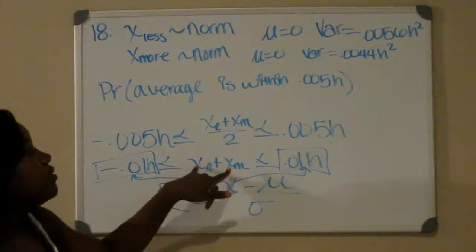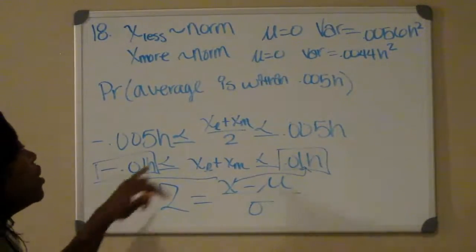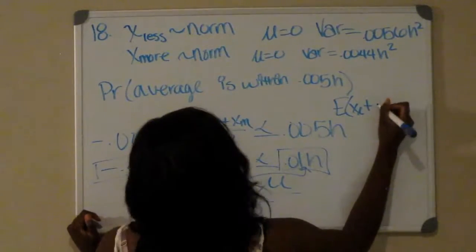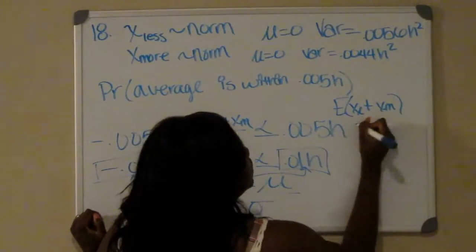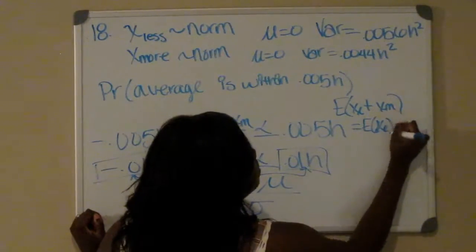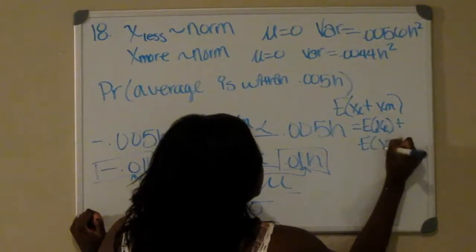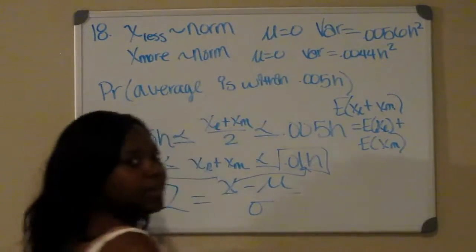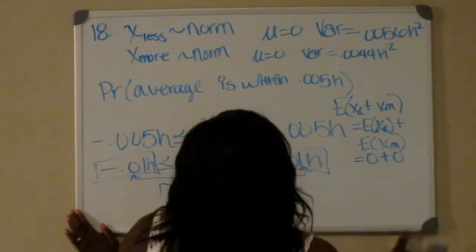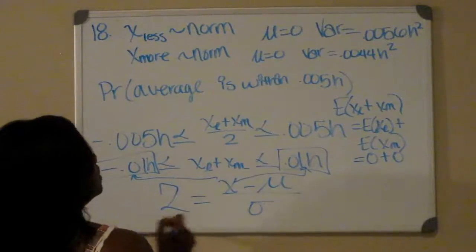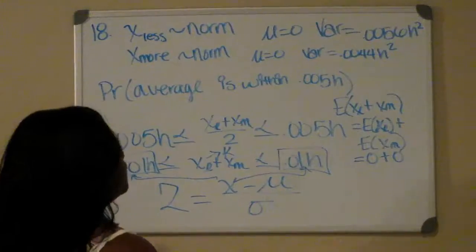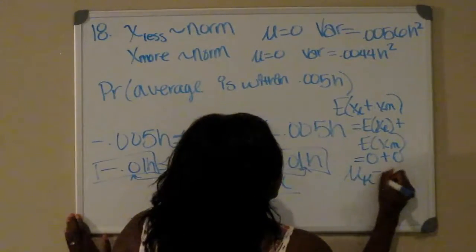But in this case, we have two things in the middle. So we need to find what is E of XL plus XM, which is simply equal to E of XL plus E of XM. Well, that was easy. Ding. All right, which is equal to 0 plus 0. So I'm going to put XL plus XM, I'm going to store this as K because I get tired of writing stuff. So we know the mu of K is equal to 0.